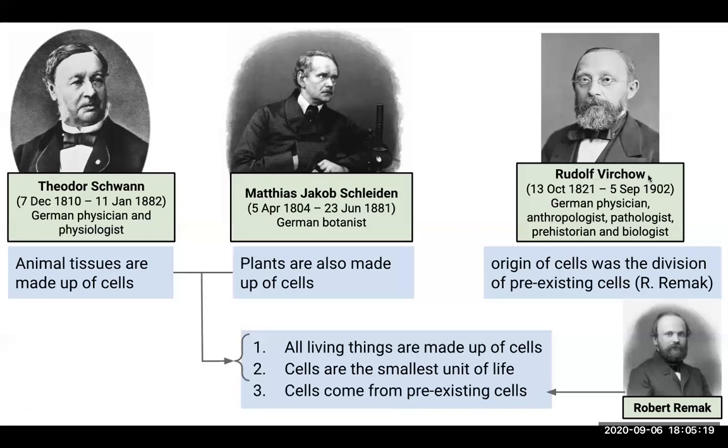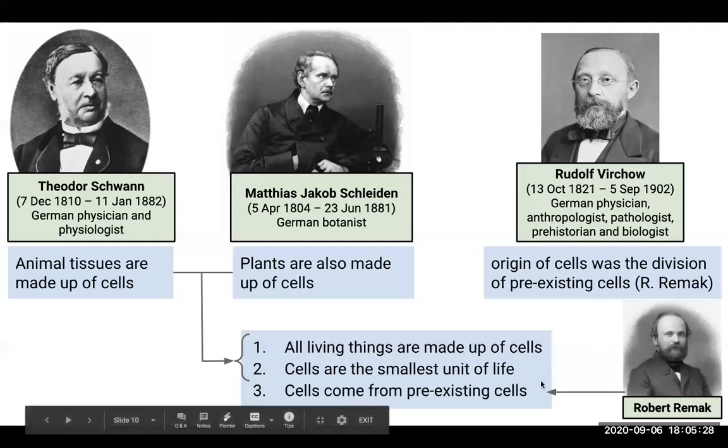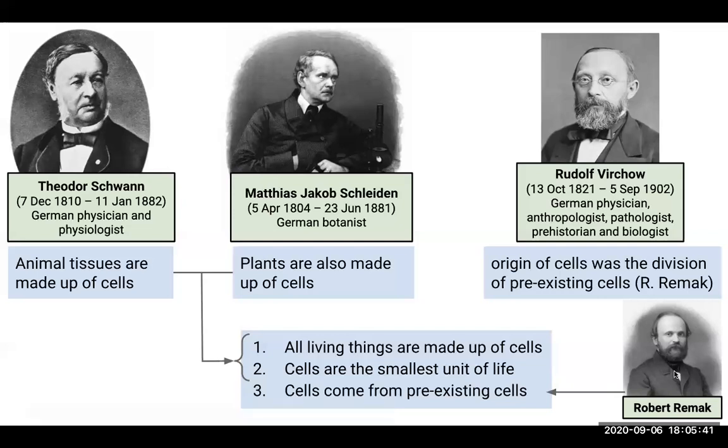So Rudolf Virchow is a German scientist as well, and he didn't actually come up with the idea, although he published it. He stole his idea from this Polish scientist called Robert Remak. Now, Robert Remak has an opposite political stance to what the Royal Society has, and therefore, the Royal Society did not publish Robert Remak's work.